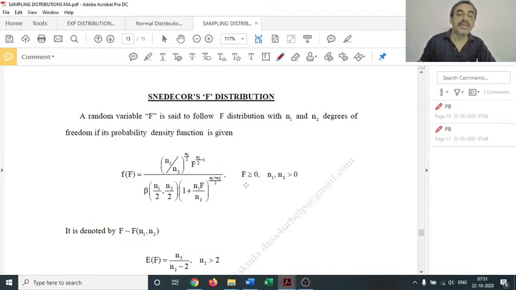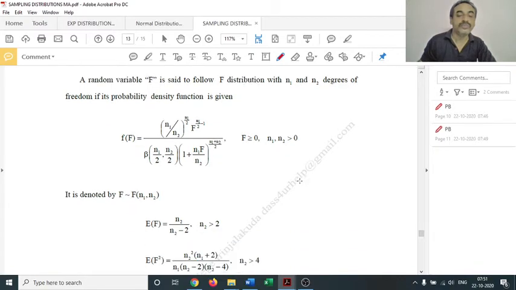So the variable f is non-negative and its range is 0 to infinity, and this equation has two constants n1 and n2, which are considered in the notation f follows F(n1, n2).